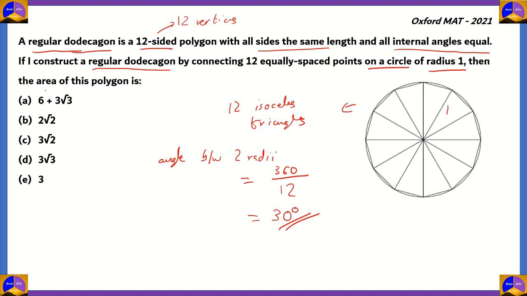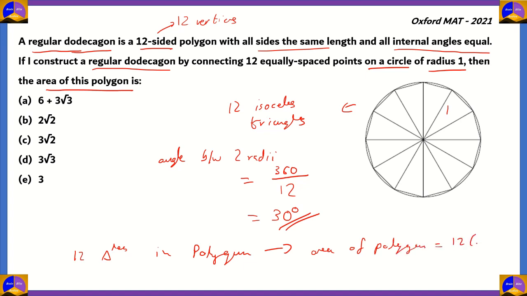Now, in order to find out the area of the polygon, now we have 12 triangles in the polygon. Now that means the area of the polygon would turn out to be 12 times the area of one single triangle. Now, the area of a triangle with the formula that we normally know of is half base times height.